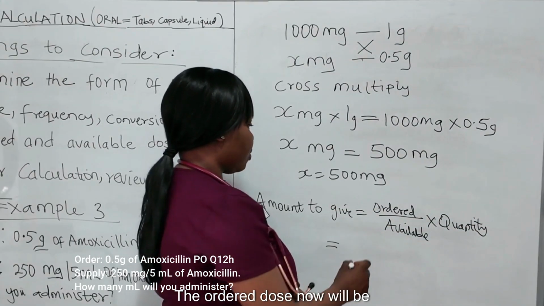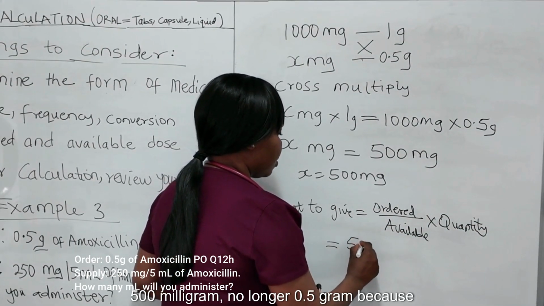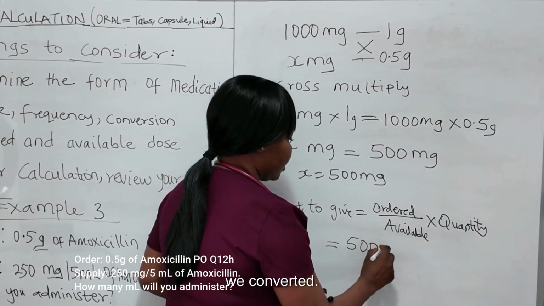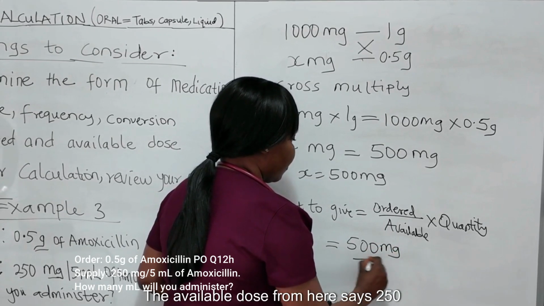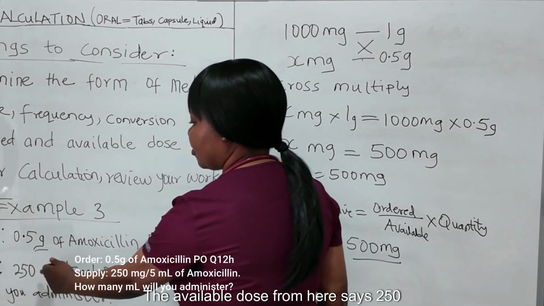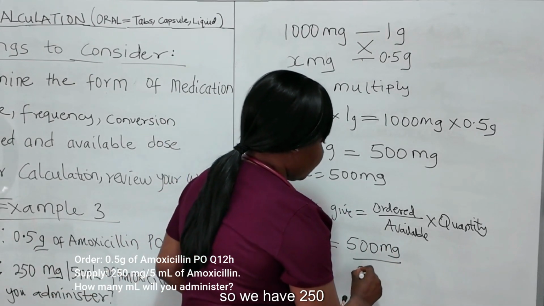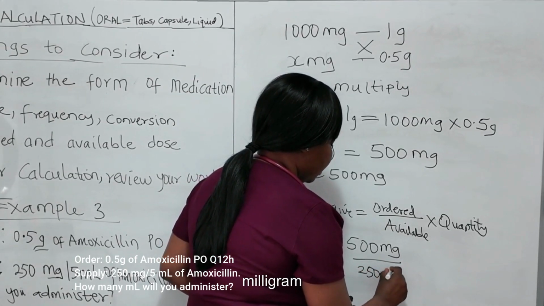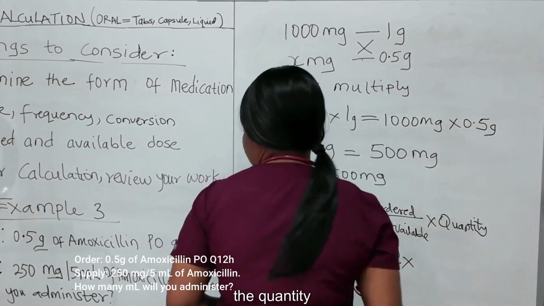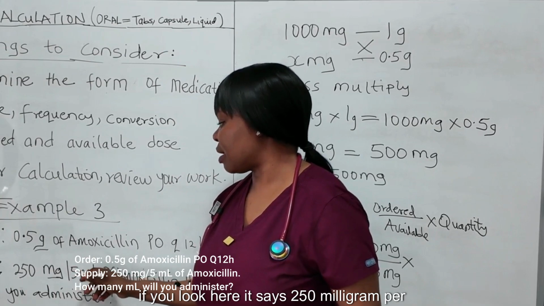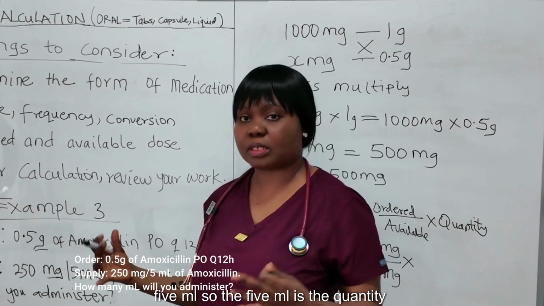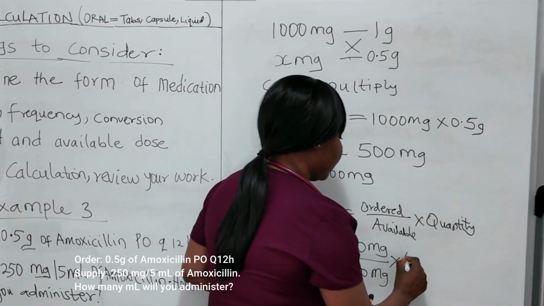The ordered dose now will be 500 milligram, no longer 0.5 gram because we've converted. The available dose says 250 milligram. The quantity: if you look here, it says 250 milligram per 5 ml, so the 5 ml is the quantity. So times 5 ml.